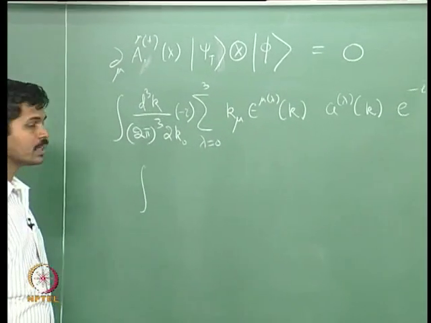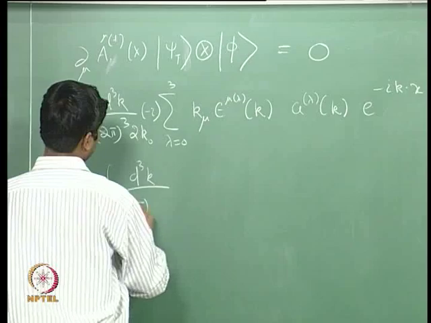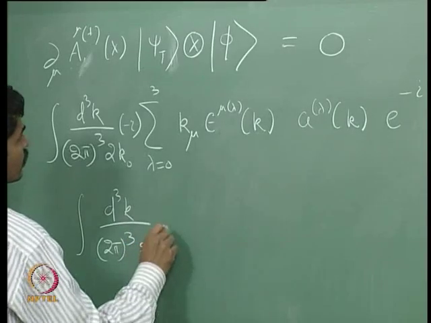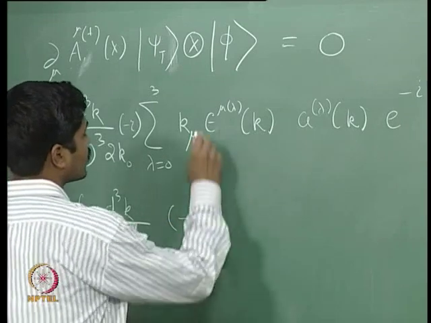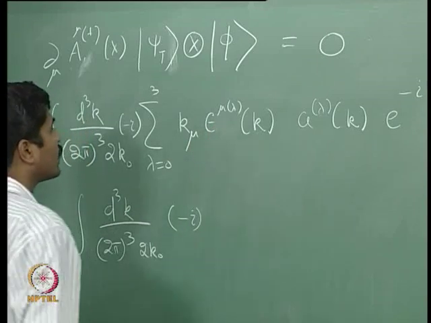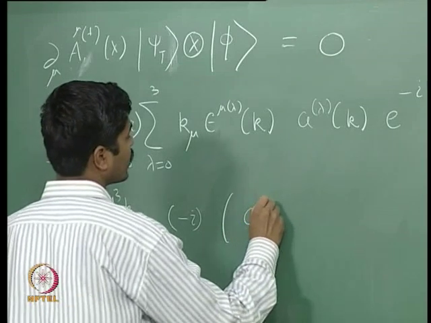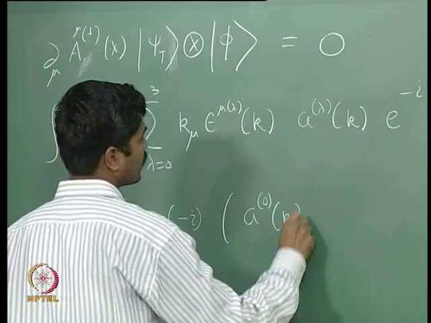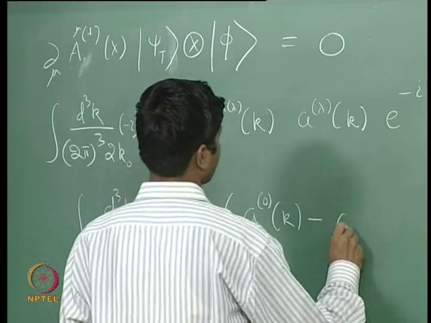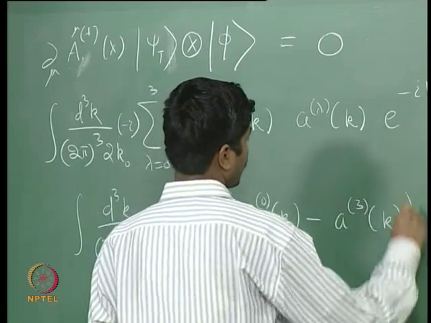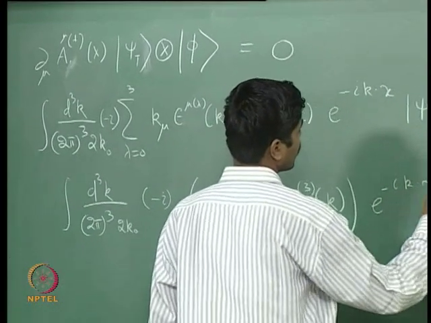Therefore, what is left here is d cube k over 2 pi cube 2 k 0, and there is a minus i, and then a0 of k minus a3 of k times e to the power minus i k dot x.